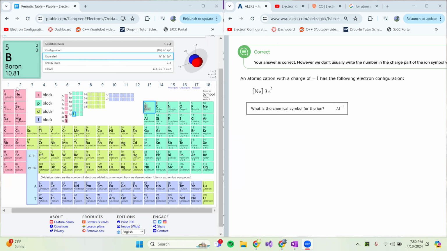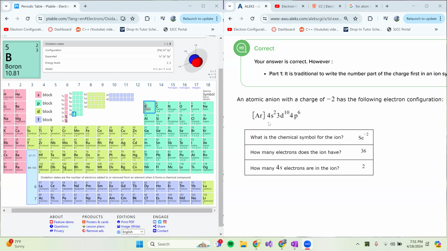So you go to 11, 12, and then you see that this is a charge of +1, right? That means that original element had 1 electron removed from it. So your answer would be the 13th one, aluminum +1, because they tell you there that you had a +1. So that's another element to consider.